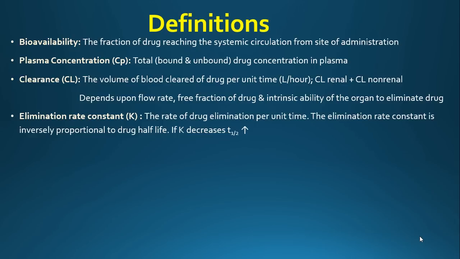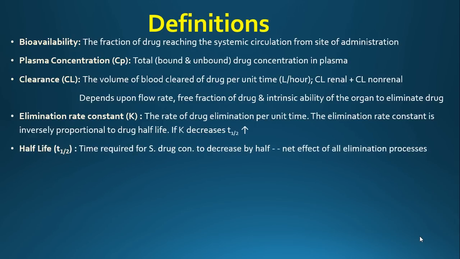If clearance decreases, your half-life increases. Half-life is the time for the serum drug concentration to reduce by half, and that is the net effect of, again the keyword here, all elimination processes. It will depend on how your antibiotic is actually eliminated, renal or non-renal.